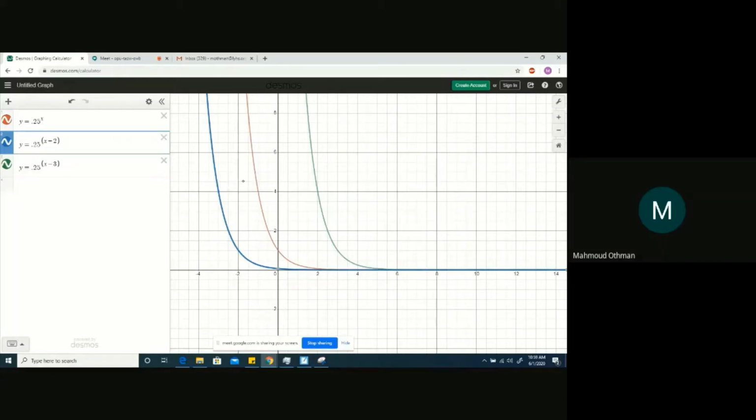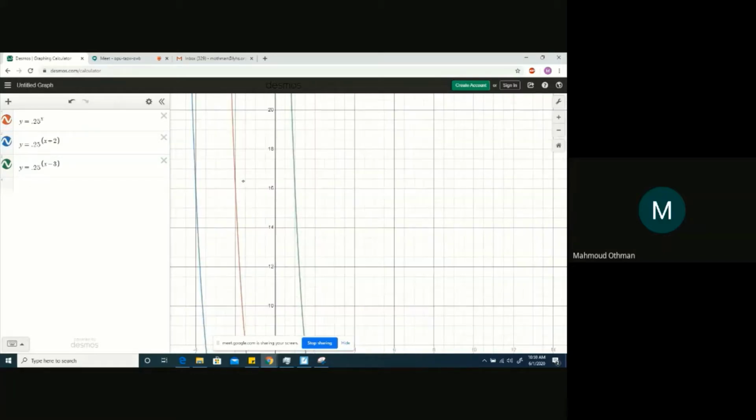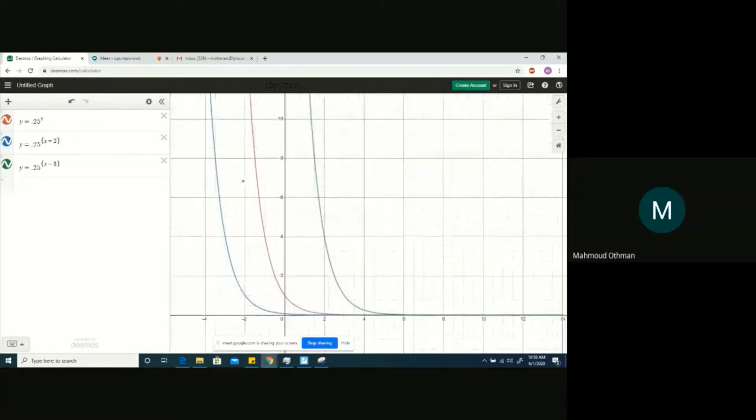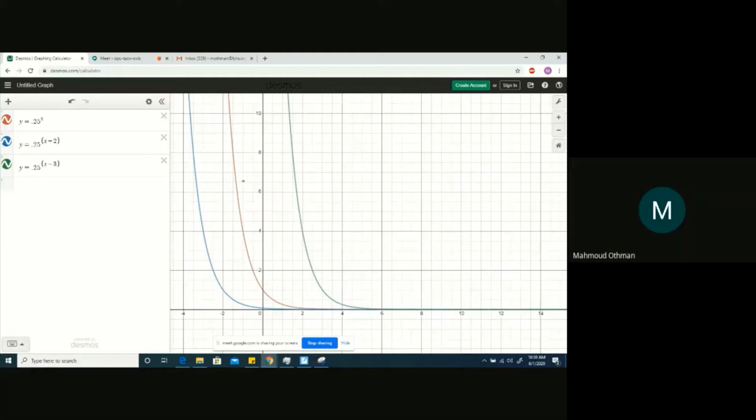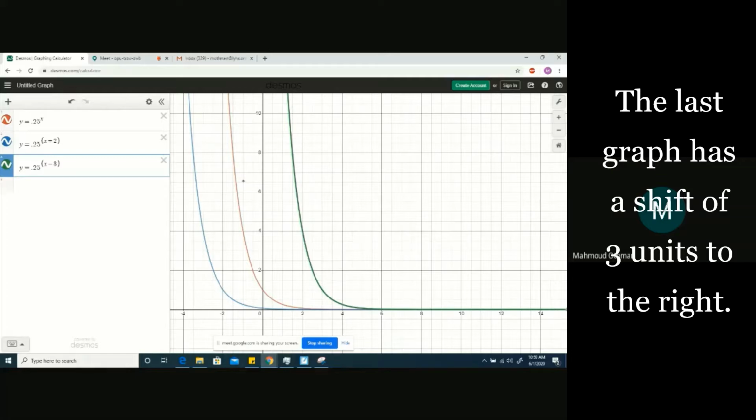So this graph is shifted to the left. The domain and range stay the same; it has no impact on them. Let's take a look at this graph right here. So (0, 1). Right here is going to be (3, 1). So this last graph has a shift to the right 3.